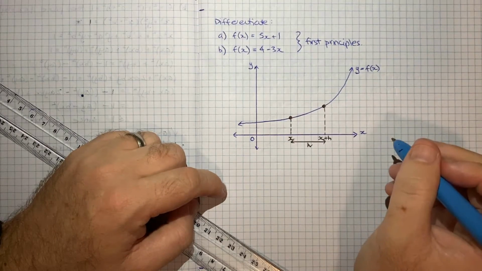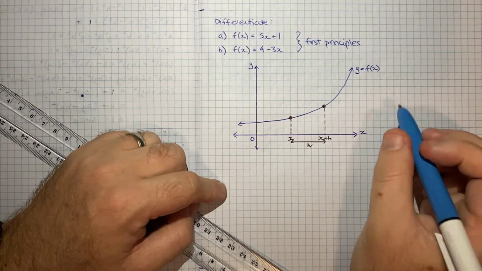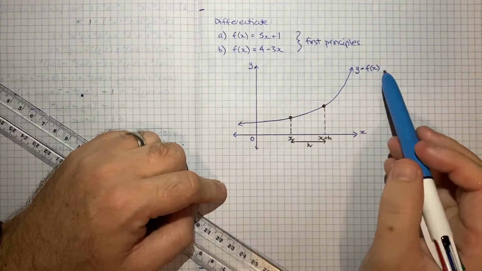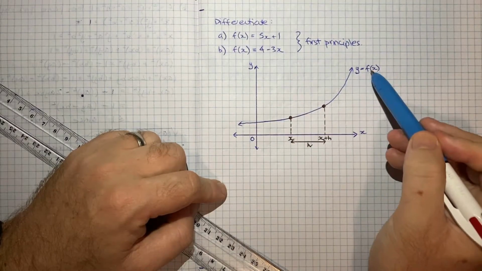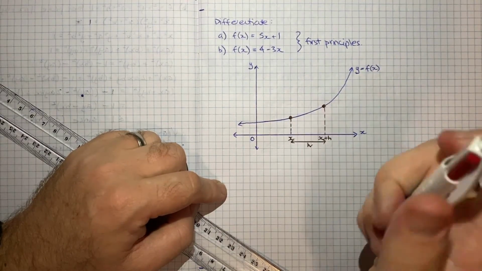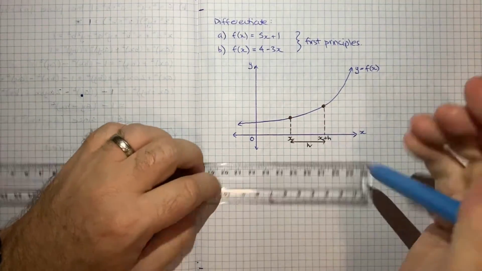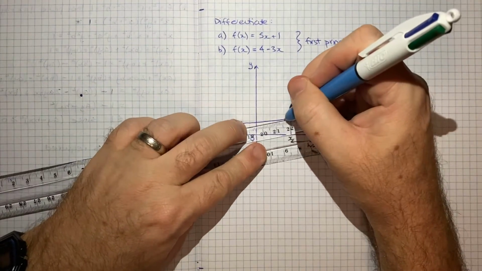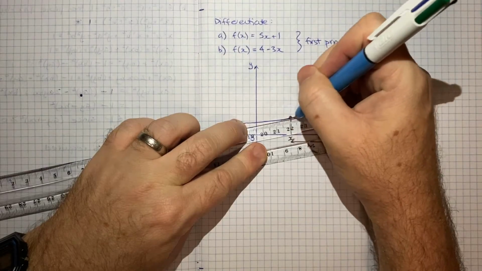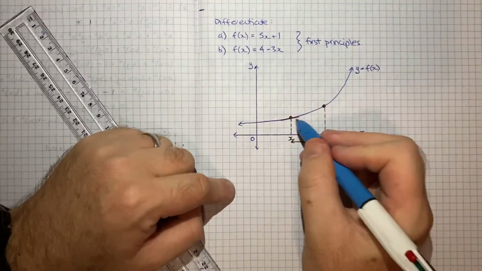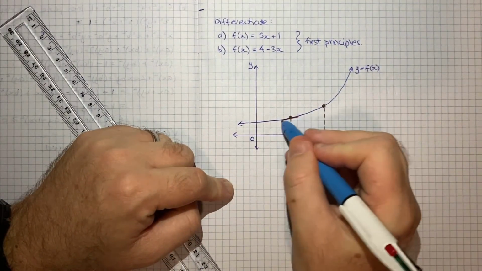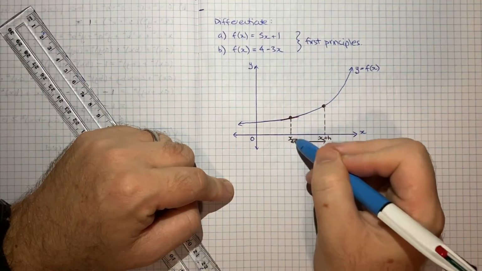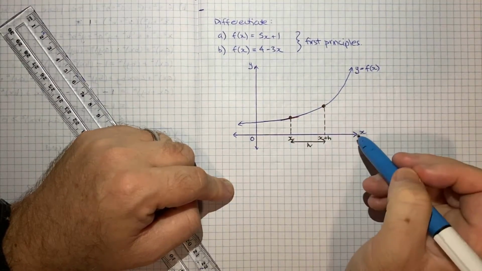Now, the basic idea of calculus, if we wanted to find the derivative of some function, so in this case this function, at the point x, what we're really saying is we want to know what's the tangent at that point. And specifically, we want something that lets us know how steep that tangent is at any point on the curve, any point x on the curve.